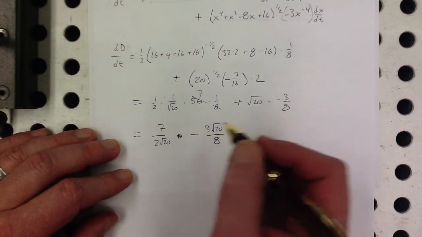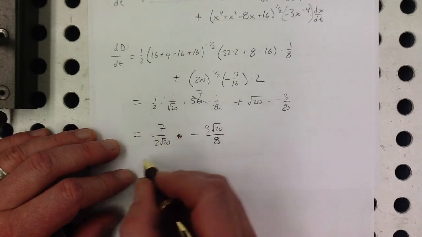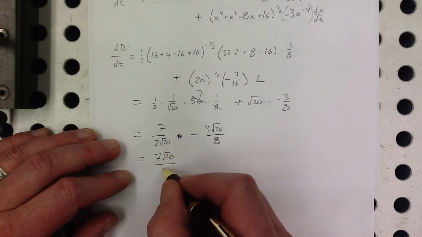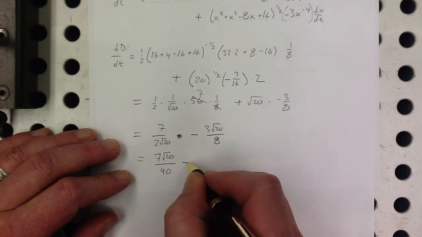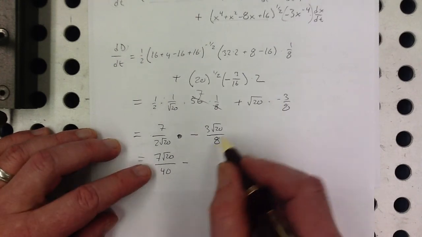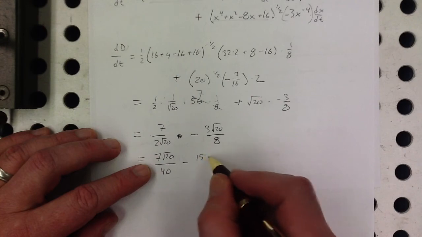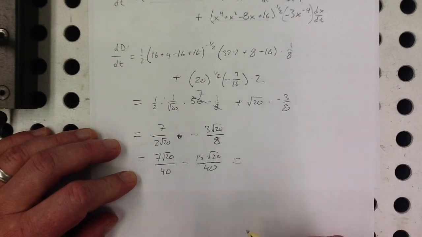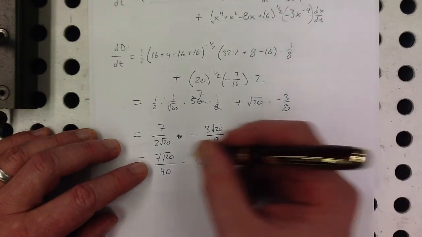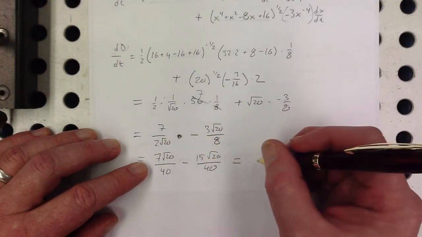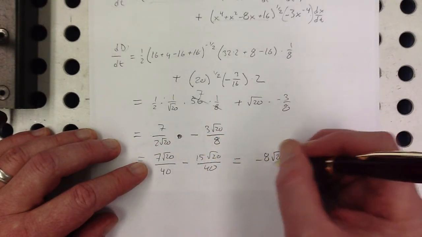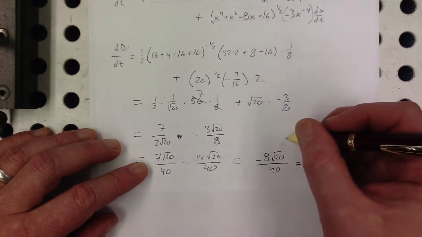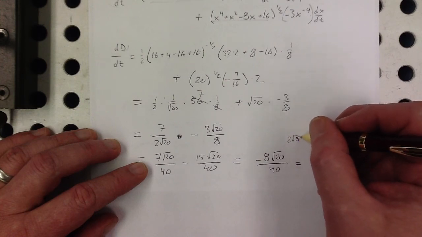So I'm going to go ahead and multiply the top and bottom of this by the square root of 20. So 7 square roots of 20 over 40 minus, and then if 40 is my common denominator, I need to multiply the top and bottom of this by 5. So that means that looks like I've got negative 8 square roots of 20 all over 40, and the square root of 20 is 2 square roots of 5.